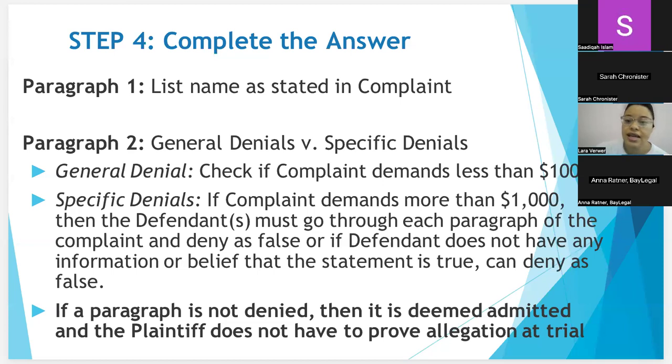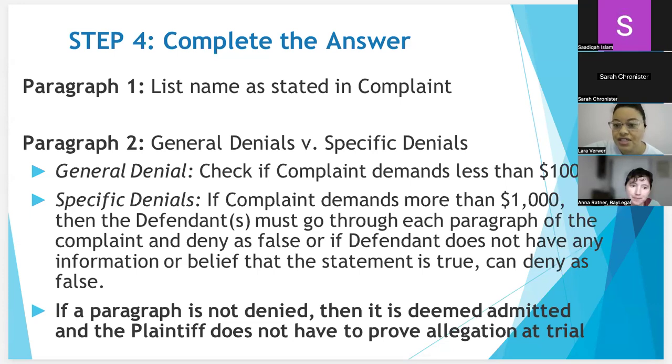So in completing the answer, paragraph 1 is just the defendant. The defendant lists their name. It's best for a defendant to list and spell their name as stated in the complaint. If the name is not spelled as stated in the complaint, it could be a reason that the clerk rejects the answer.